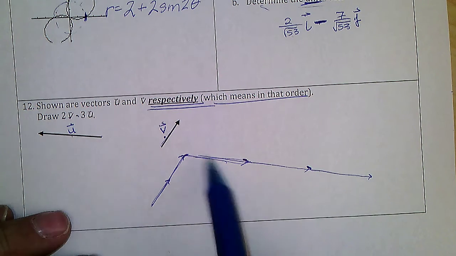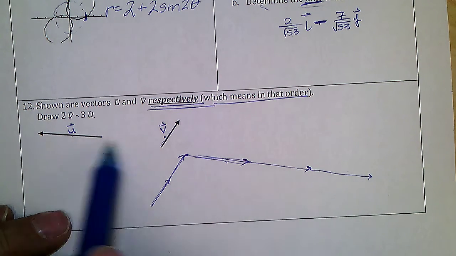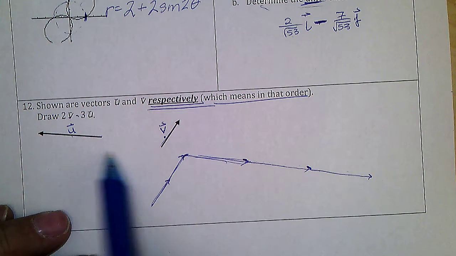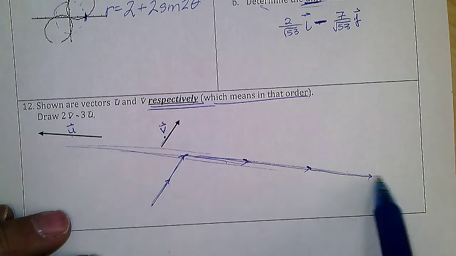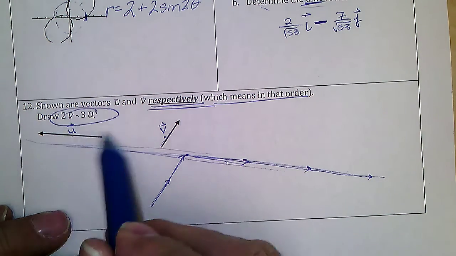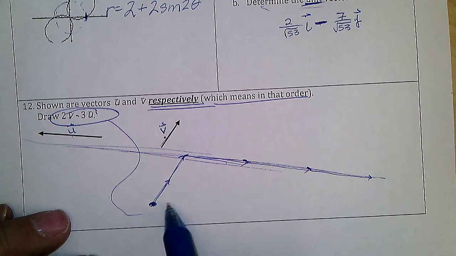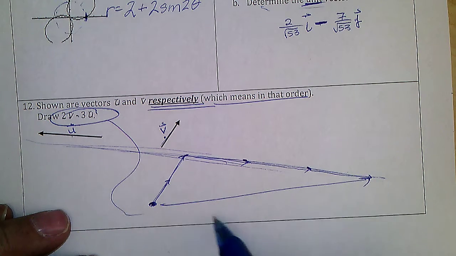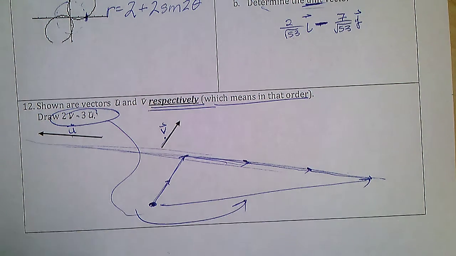That should look about the same direction as this, same parallel. These should look parallel. Okay, and then my answer for this is from where I started to where I ended. And that's that test.